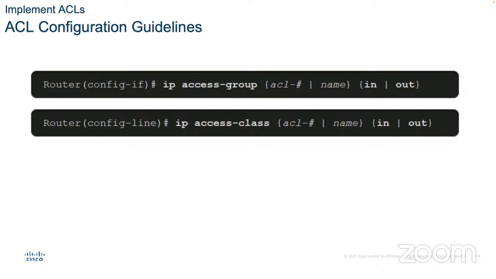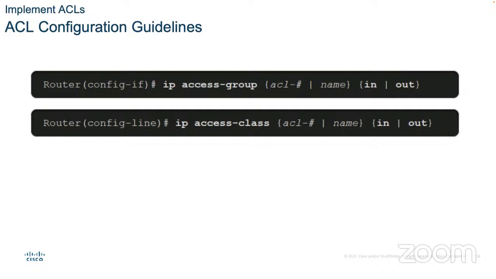New statements for any existing ACL are added to the bottom by default. You want any standard ACLs ideally as close to the destination as possible, and any extended ACLs as close to the source.